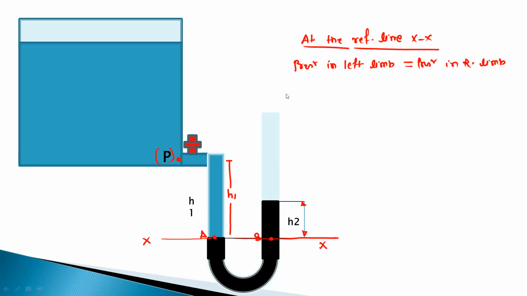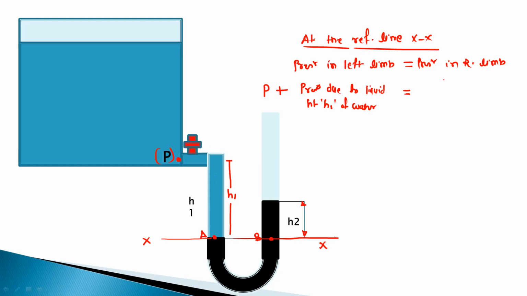So on the left side we can write the equation as: this pressure P plus the pressure due to the liquid height H1 of the water, because on the left side we have the water above the line X-X.